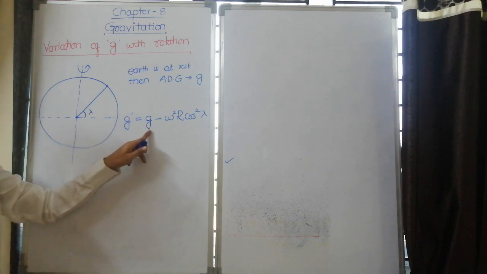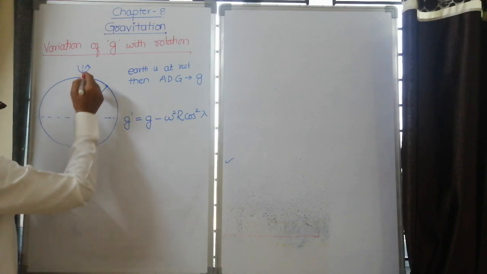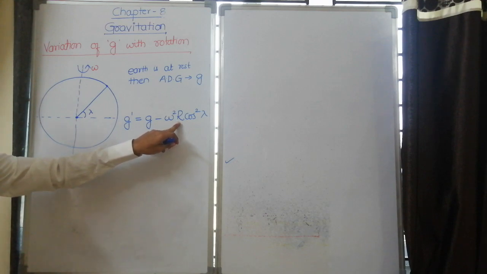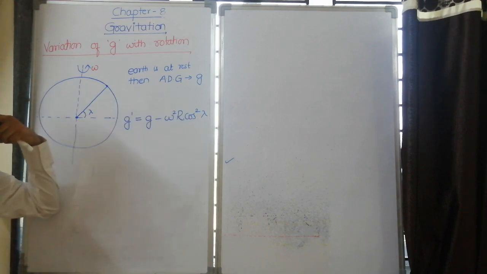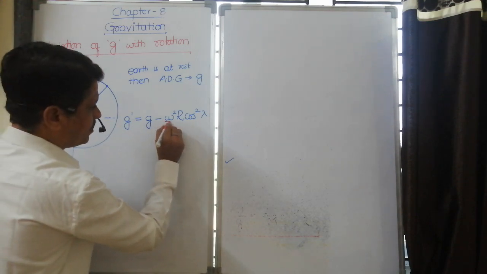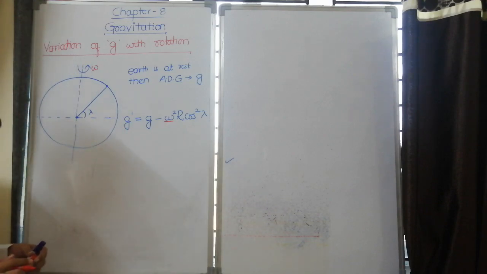g is acceleration due to gravity when earth is at rest. Omega is the angular speed of the earth. R is the radius of the earth. As I told, lambda is the latitude. From this it's clear that as omega changes, g also changes.